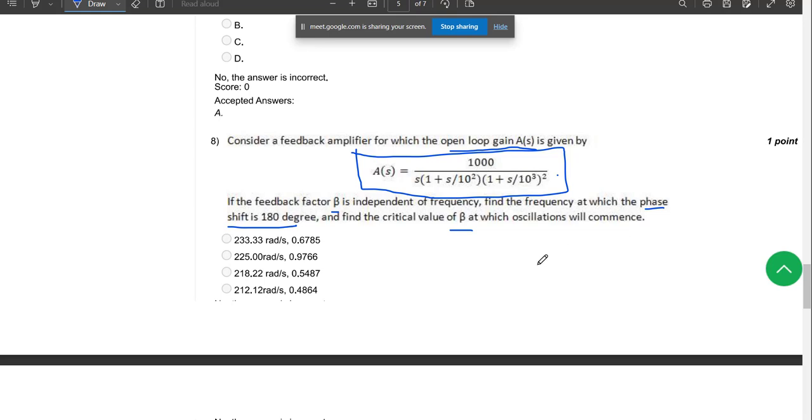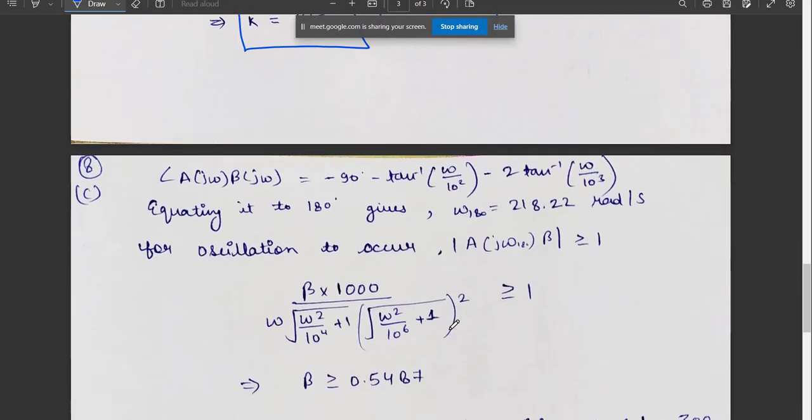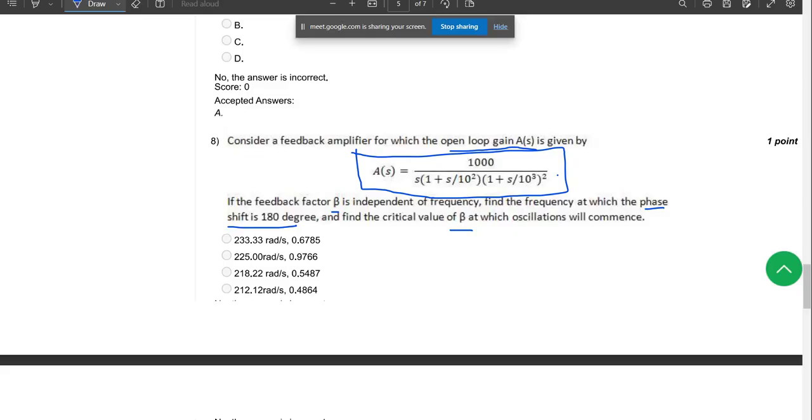Okay, so for oscillations to commence, what do we know? We know that the mod of A(j omega) into beta(j omega) has to be greater than or equal to 1. Since beta is independent of frequency, we don't need to write j omega here.